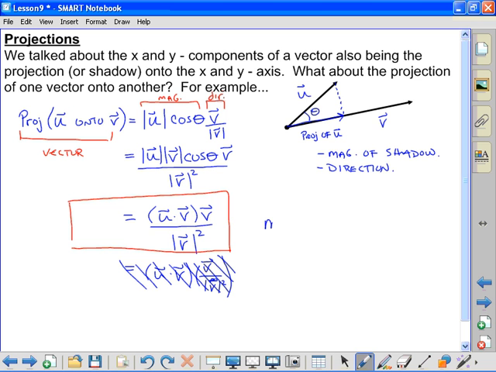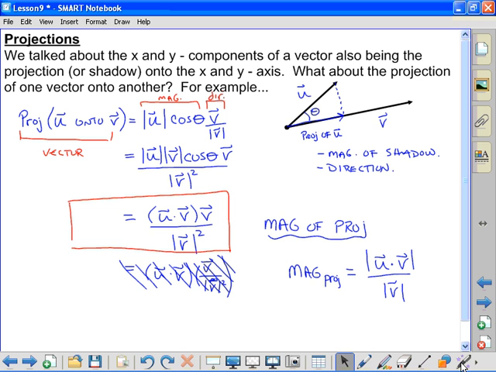So if you're just looking for the magnitude of projection, then for the formula and the notation, they don't really have it equal to anything, so I just leave it as magnitude of projection, and that's fine notation to leave it in. It is the absolute value of u dot v, because it's a measurement of distance, divided by the magnitude of v.